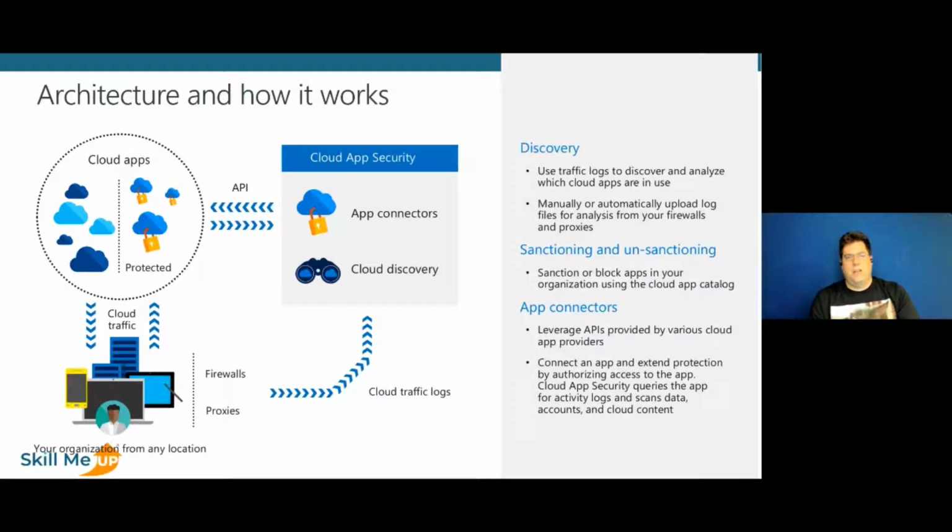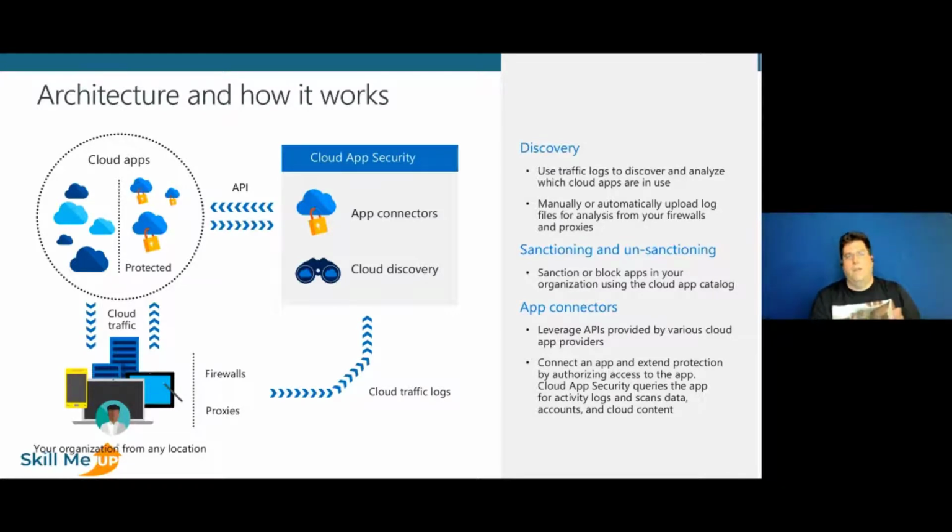It's looking at the app connectors and then allowing that through to connect through an API to those cloud apps, and connecting those apps to the policy so that we can govern those applications properly, rather than them just being publicly consumed by the user.